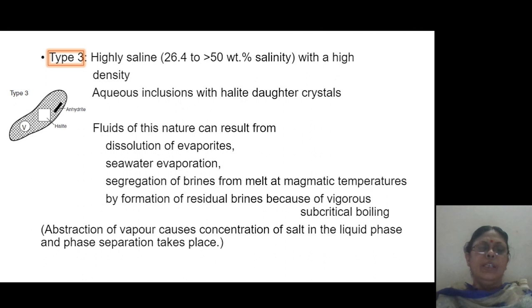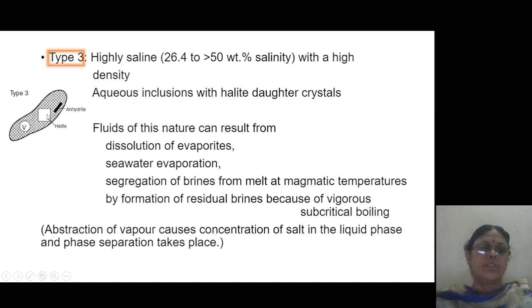In type 3, highly saline, 26.4 to more than 58% salinity with a high density, aqueous inclusions with halide daughter crystals are there. Here you can see the fluid inclusion. The hatched part represents the liquid part of the inclusion, V represents the vapor, and this represents halite.